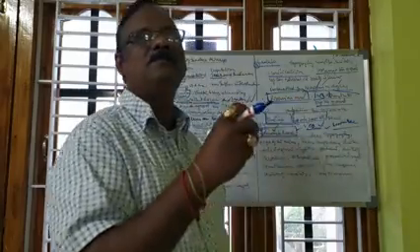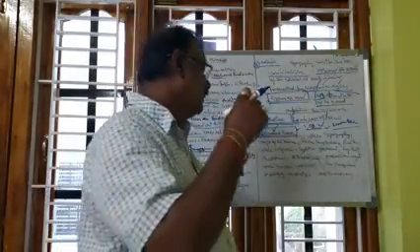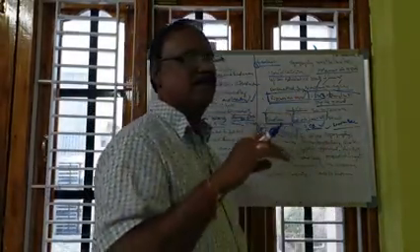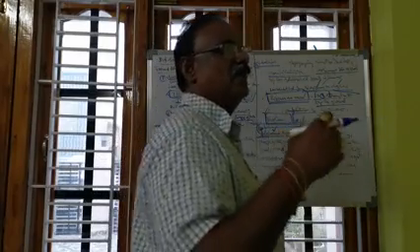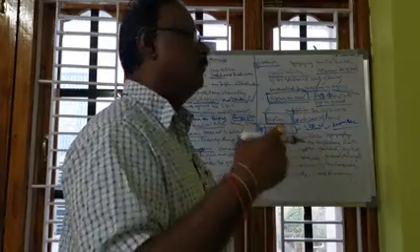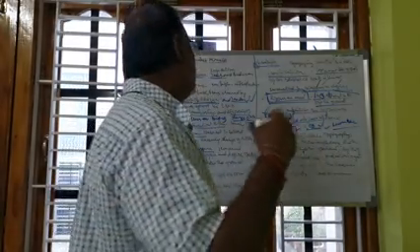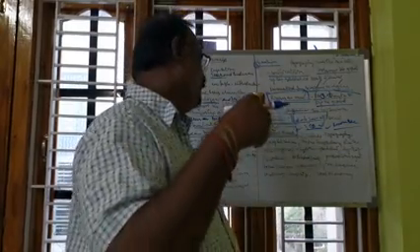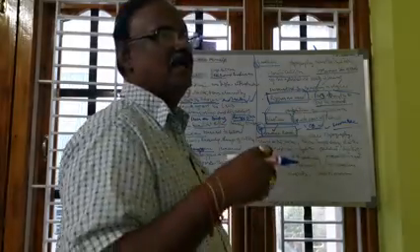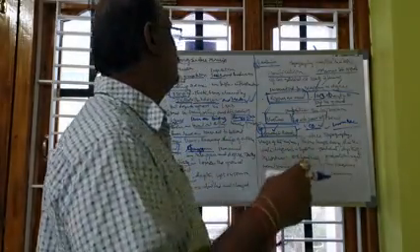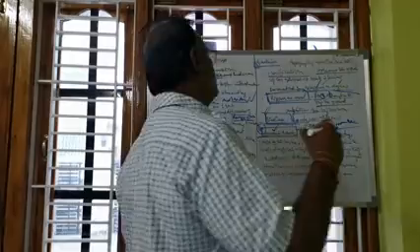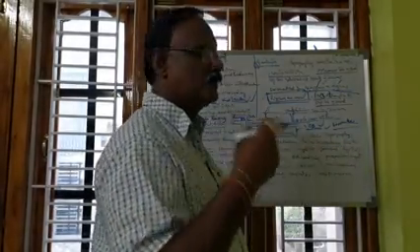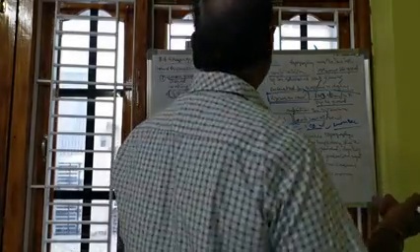So the roads must be in very good condition. Otherwise the dumpers cannot move. Suppose the rainy season is there, it is more slippery, and the dumpers skid due to the slurry over the haul roads. So all the haul roads and approach roads must be maintained in good condition.